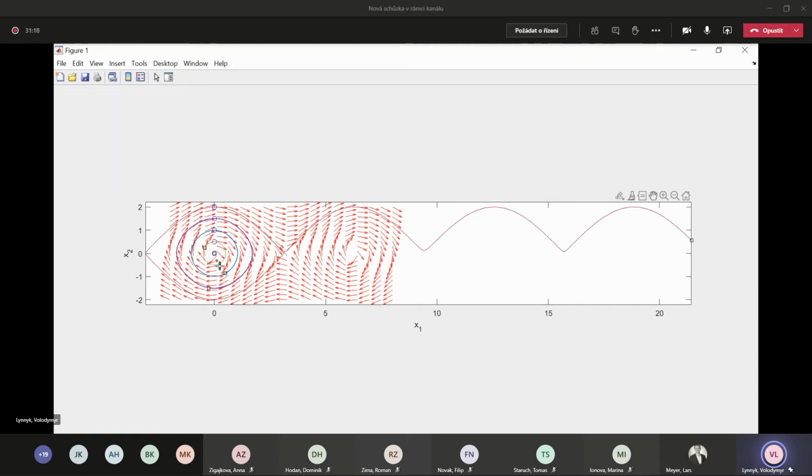This is a center because the two eigenvalues are plus minus j times the square root of g over l, as we solved on the slide. And here the same, it is a center, but the point (π, 0) or (3π, 0) is unstable.